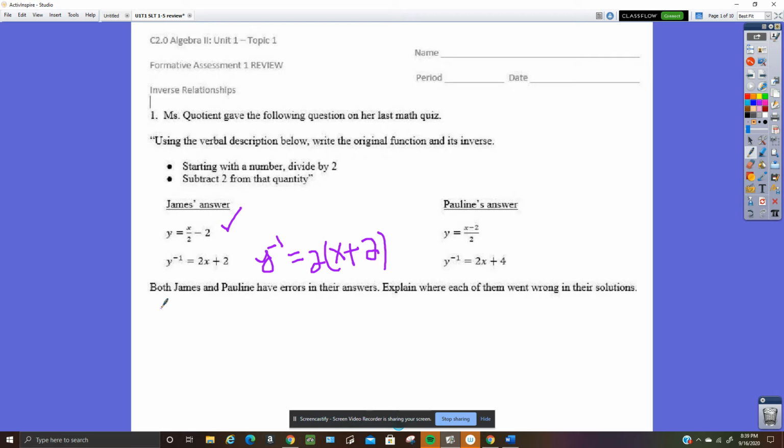So explain where each of them went wrong. So James's inverse is incorrect because he didn't use parentheses there.